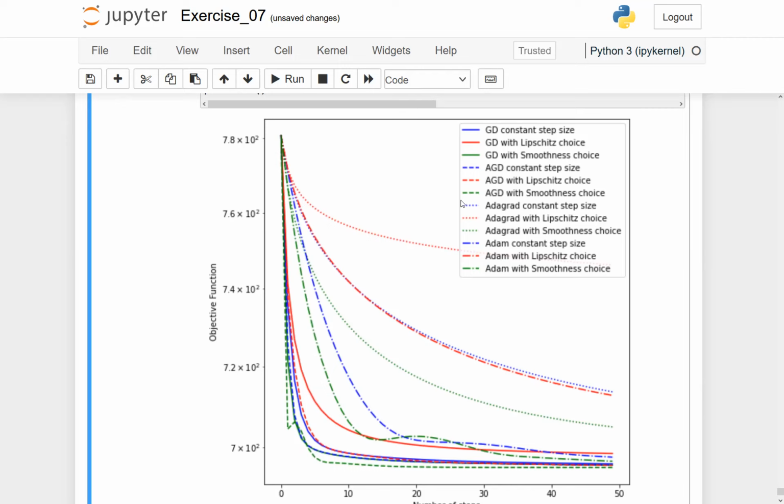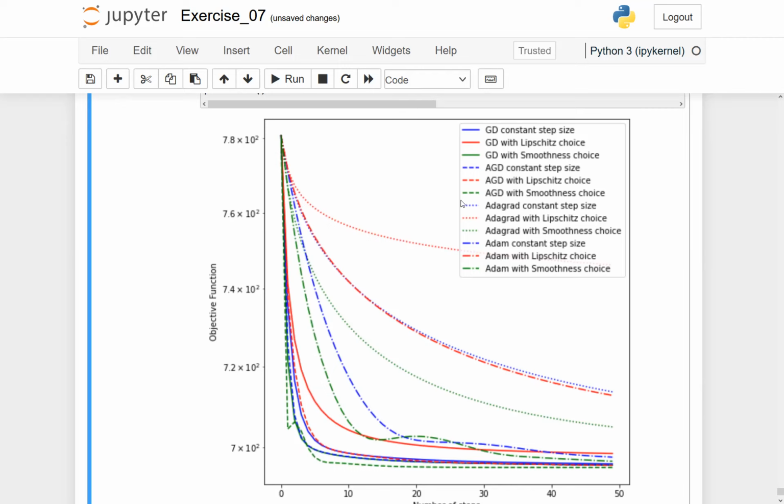Red, green, and blue are here, and Adagrad has the line with some dots now and then after a line. And there you see, Adam with smoothness choice is not that bad. It's still worse than accelerated gradient descent.